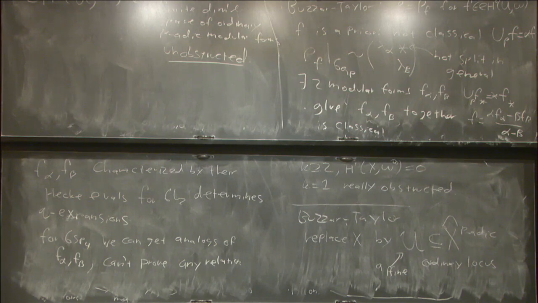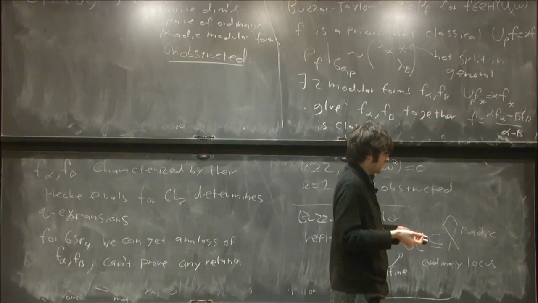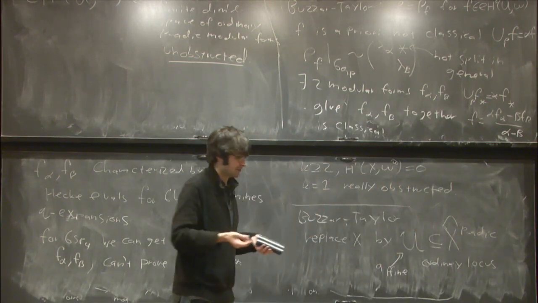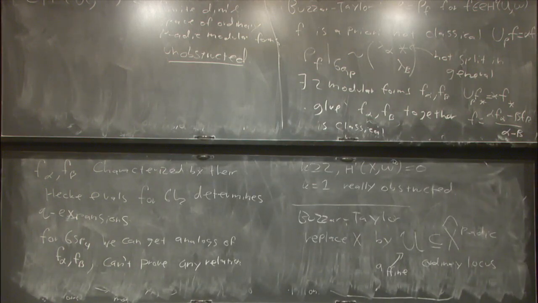I really can't explain this except at the most basic intuitive level. The idea is, we want to construct Taylor-Wiles systems. If congruences of modular forms are obstructed, we're not getting enough modular forms to build our Taylor-Wiles system. But it turns out that there's also, in some sense, not enough Galois representations. And so if you can match up the fact that there's not enough things on both sides, you can actually still make an argument.